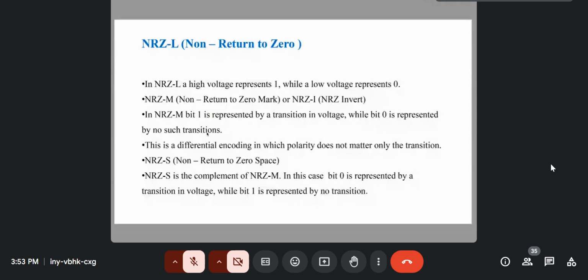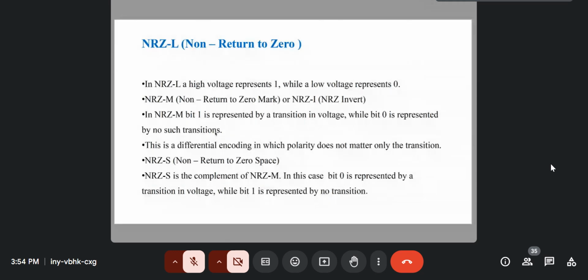And this transition means wherever you are, you transit. Unlike what we are going to see in Manchester, whereby in one case you are transiting from high to low for one type of bit, whether it's either 0 or 1, and then you're going low to high for another bit.